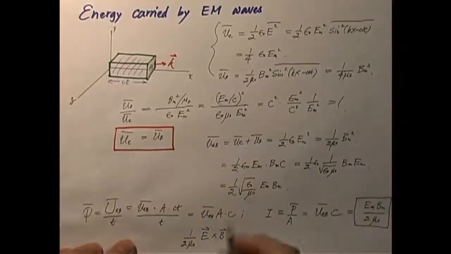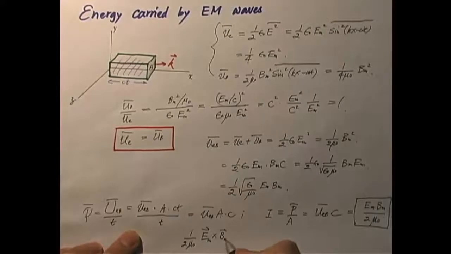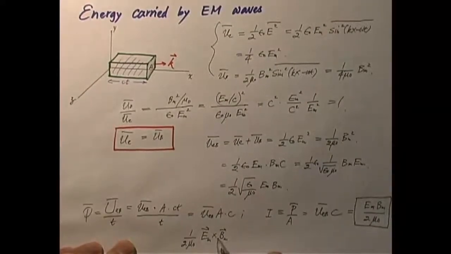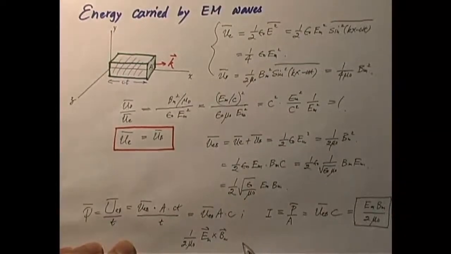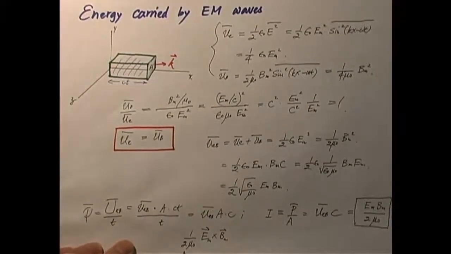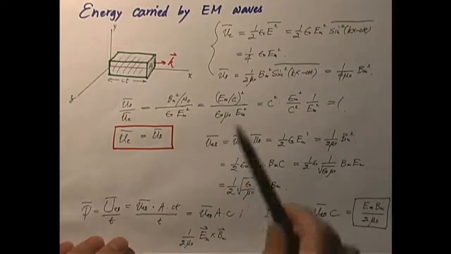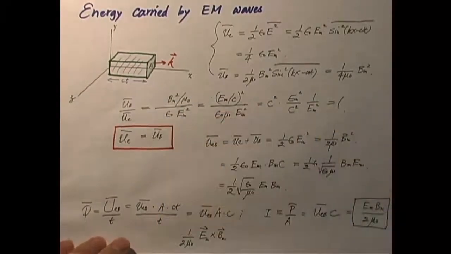This is a vector whose magnitude equals the intensity of the wave, whose direction is along the direction of propagation. Okay, and again, this 1/2 is only because of the averaging process of the electromagnetic wave over one wavelength.